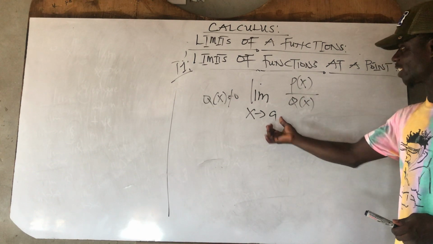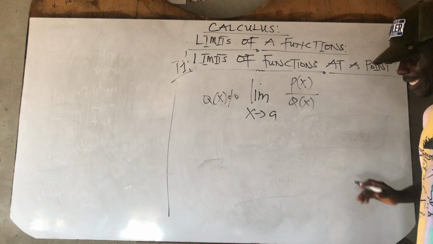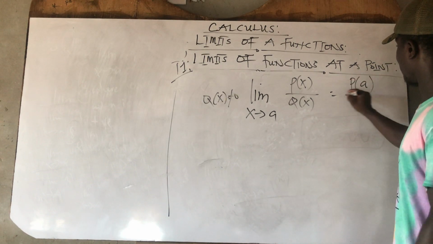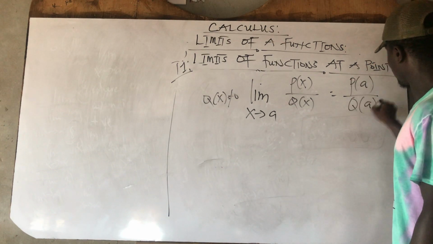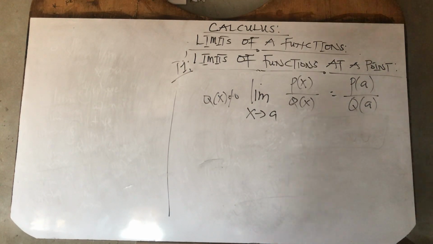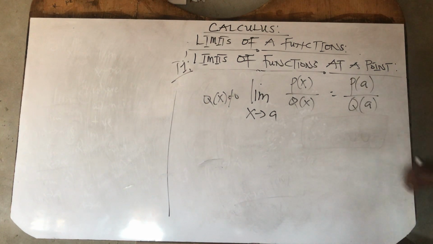Wherever you see x, you substitute a. This is done by direct substitution, so I get p of a over k of a. That's how we do the limits for direct substitution.